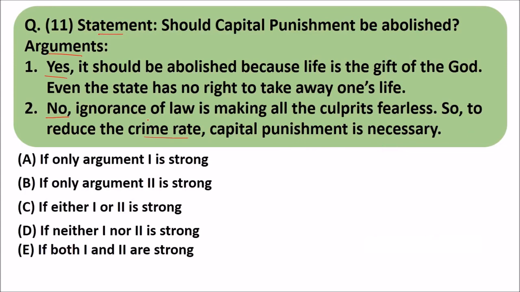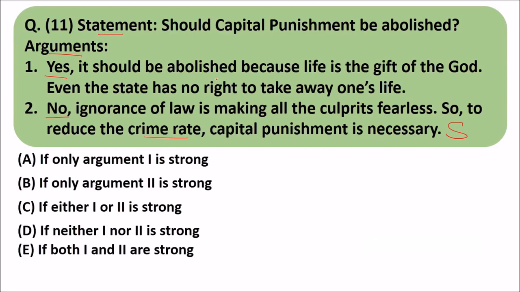So based on some fact or experience that because of capital punishment the crime rate is decreasing, some stats or something like that is given. So this becomes a very strong argument. Here it is properly explained, with facts presented along with the experience of crime rate reducing or increasing.